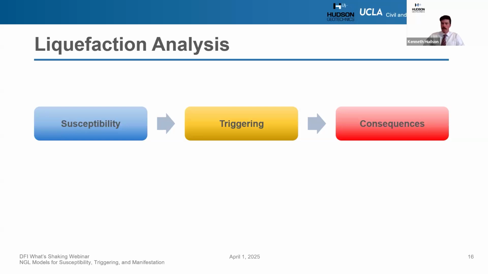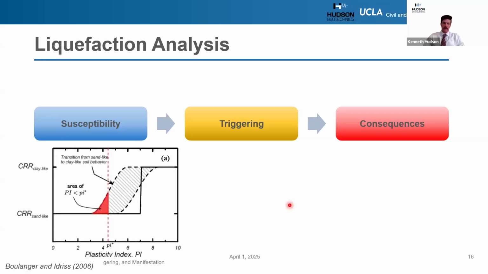And so those do not experience liquefaction. And there's many different soil properties, index properties that are related to susceptibility that are good indicators of susceptibility. One of the best ones is the plasticity index of a fine-grained soil.